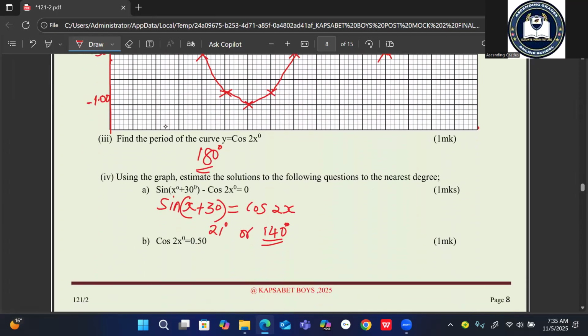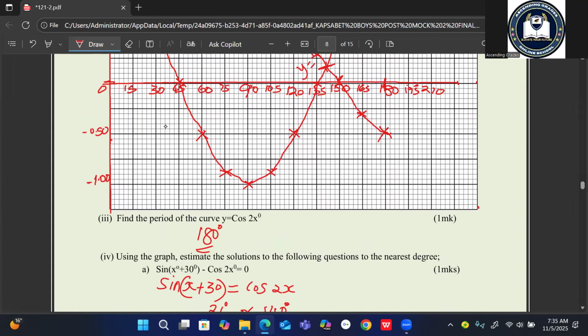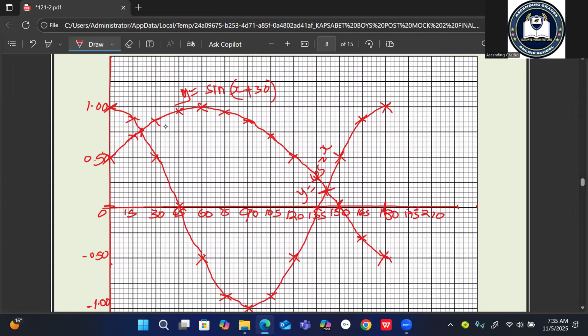That is part B. Cos 2x is equal to 0.5. So go to cos 2x. The function of cos 2x is this one. So where is it equal to 0.5? So 0.5, we have it here.